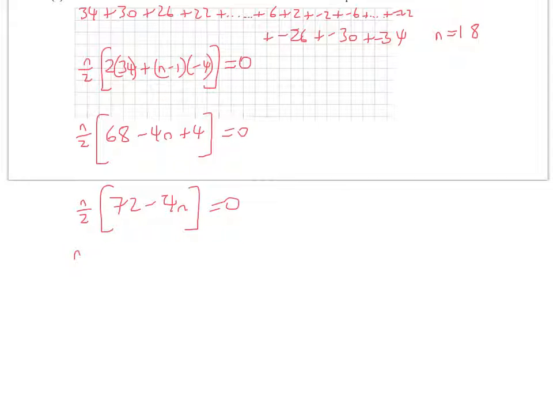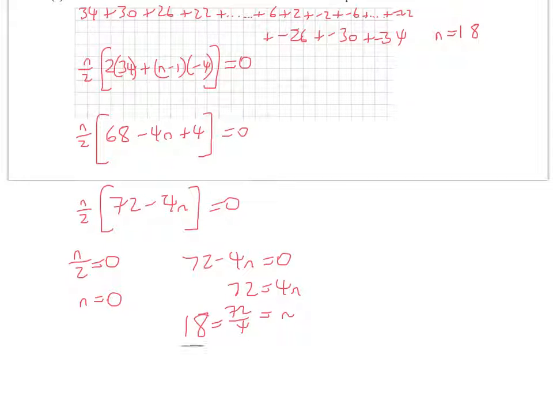So we have a situation where either n over 2 equals 0, well that's only going to happen if n is 0, or we have 72 minus 4n is equal to 0, in which case, when we work it through, 72 divided by 4 gives us 18, which is the same answer as we had the other way, as you can see up here.